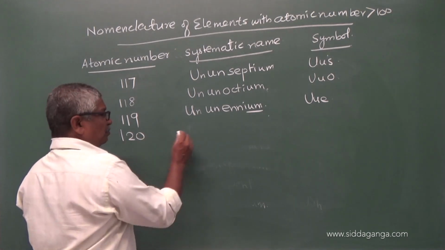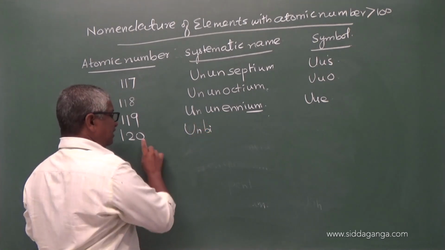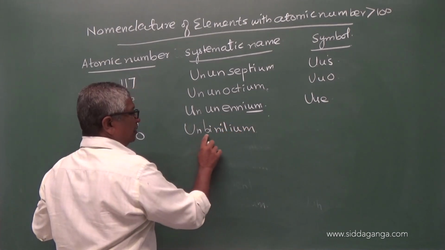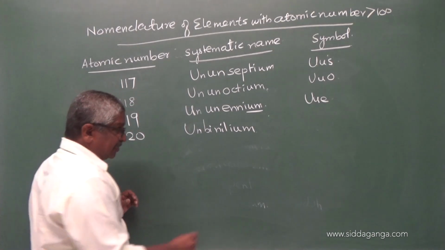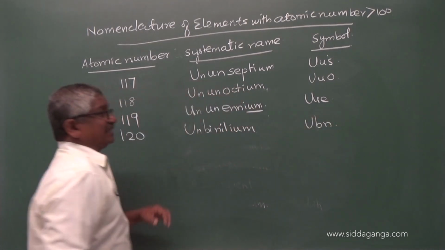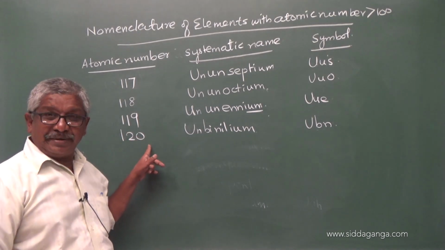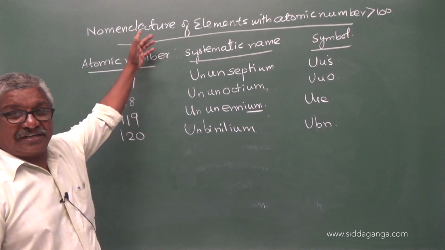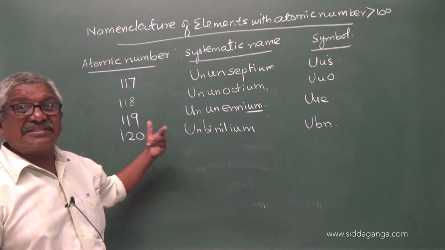So for 1 it is un, 2 it is bi, 0 it is nil, ium, unbinilium, it is Ubn, a systematic name of elements, atomic number greater than 100. So 101 to 120, we have seen the systematic name.